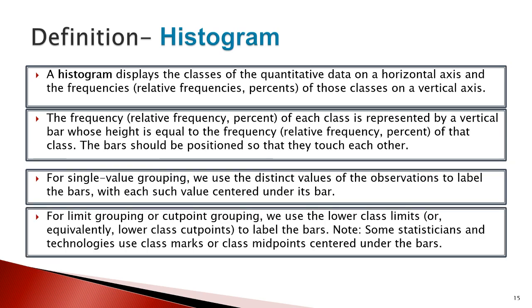If you're using limit or cut point grouping, we should label the bars with the lower class limit or the lower class cut point. That is the convention. I hope you understood how to use a histogram for single value grouping, limit grouping, and cut point grouping.